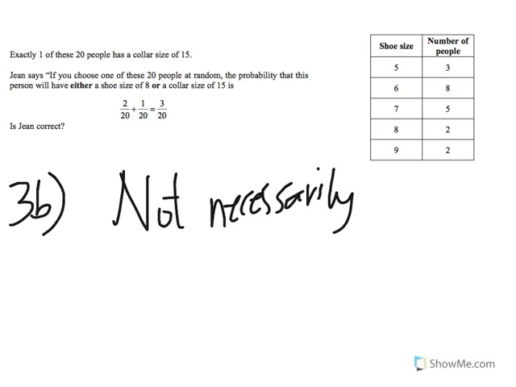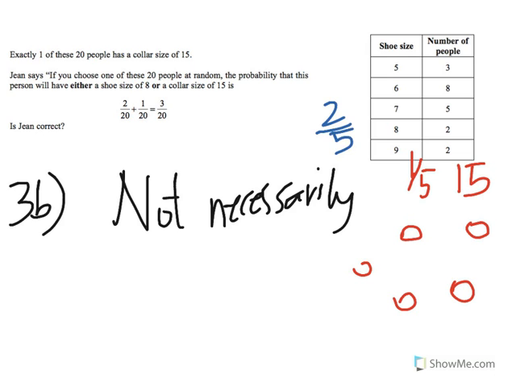And to do this, I'm going to take an example of, let's say, there are 5 people. Okay? And I say that one out of 5 of these people has a collar size of 15. And then I also say that 2 out of 5 people have a shoe size of 8. Right? So now, let's say this guy has a shoe size of 8, and let's say also this guy has a shoe size of 8.